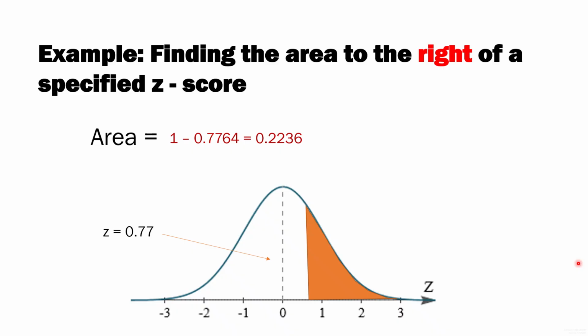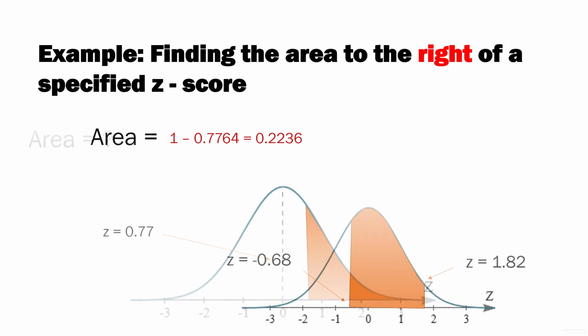So that means that the area under the standard normal curve that lies to the right of 0.77 is 1 minus 0.7764, and that is equal to 0.2236. So this area here is only 0.2236.